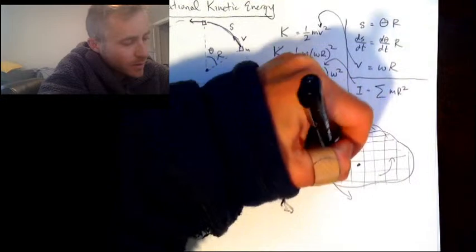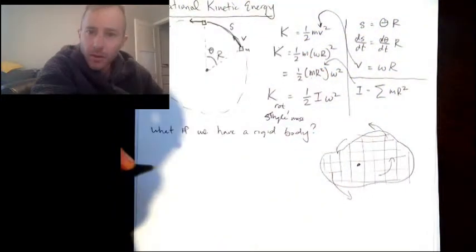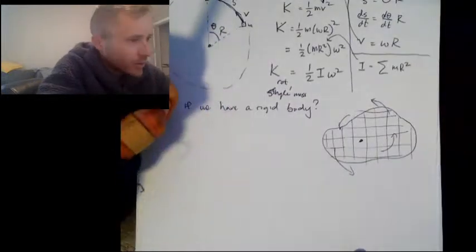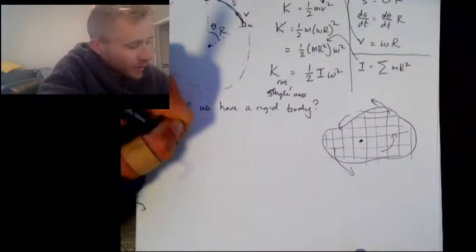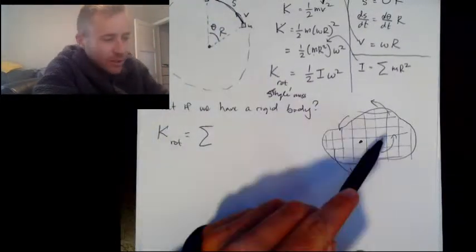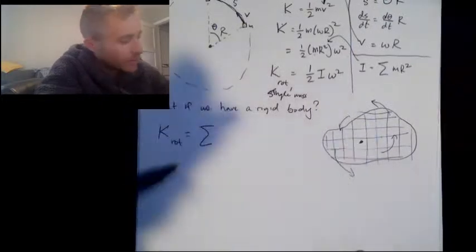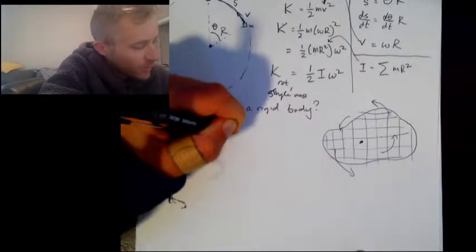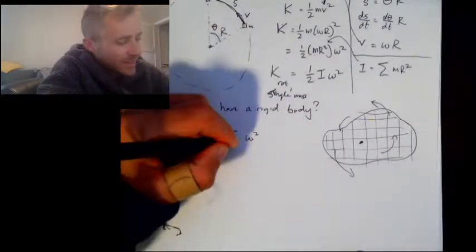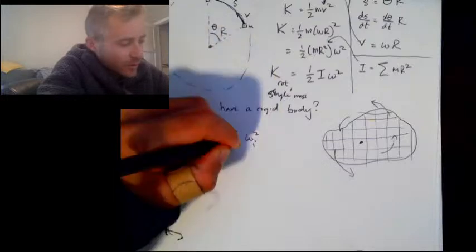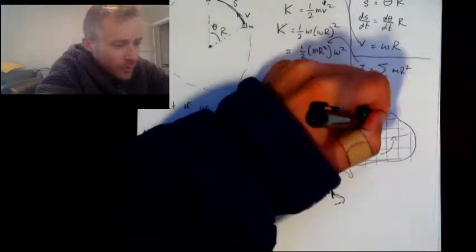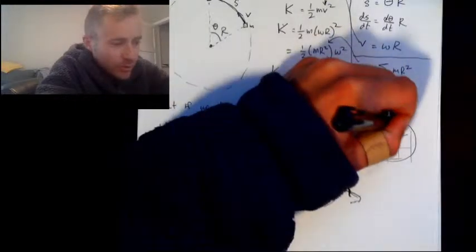And then to calculate the total rotational kinetic energy, we would sum over the rotational kinetic energy of each of these individual sections. So it would be the sum of 1/2 I omega squared. And I'm going to put an index here, where the index is what differentiates between these different sections. So maybe section 1, section 2, section 3, section 4, etc.